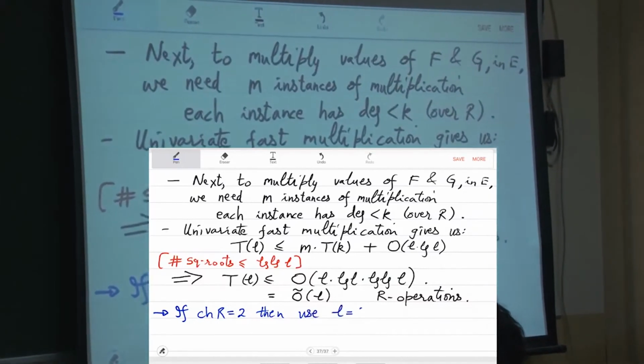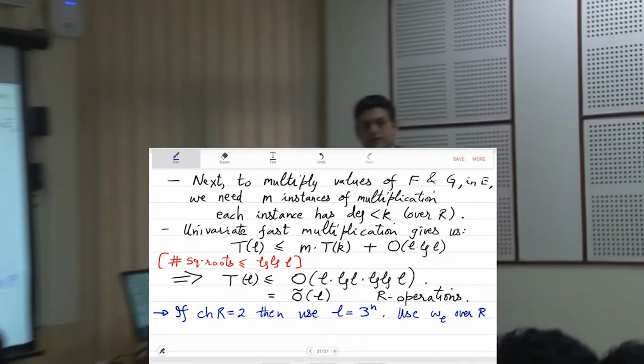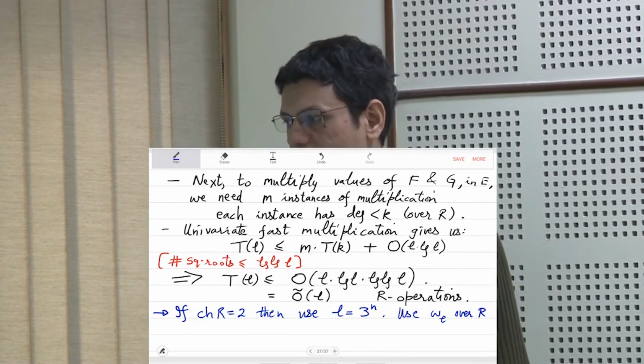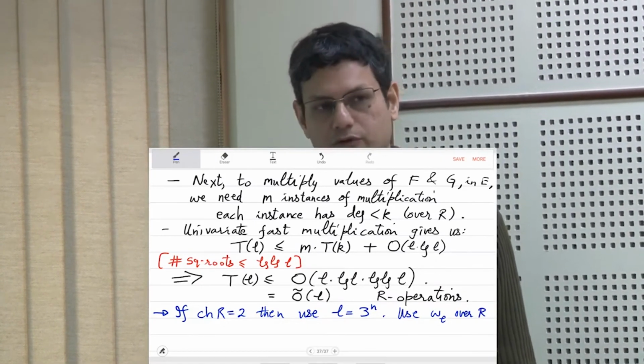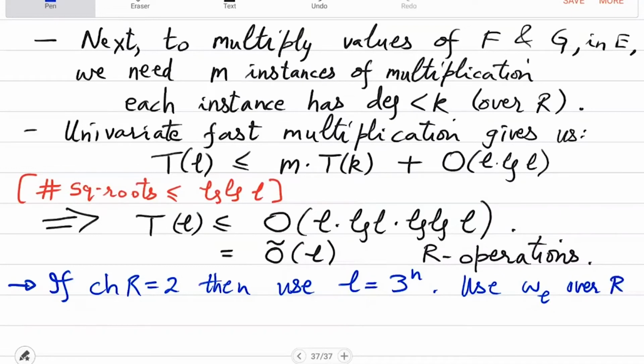Use L to be 3 to the n, and accordingly use omega L. But this 2 raised to n versus 3 raised to n has no bearing on the basic structure of your algorithm. So whatever you did with the previous L, the same thing you do with this L, with the added advantage that 1 over L exists in E. Okay, so the DFT algorithm works.